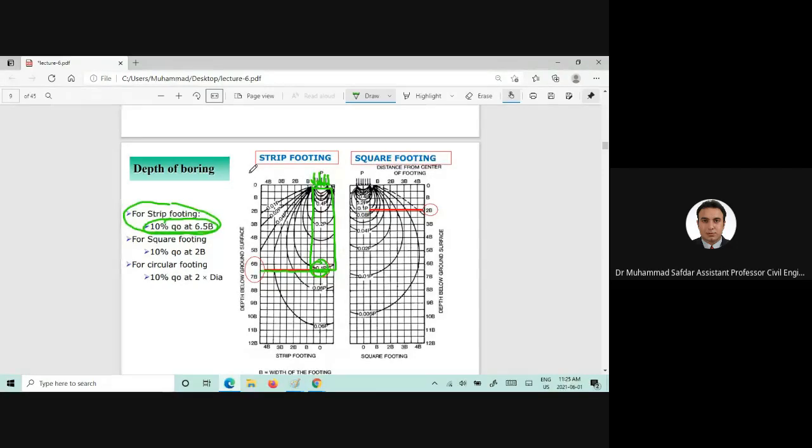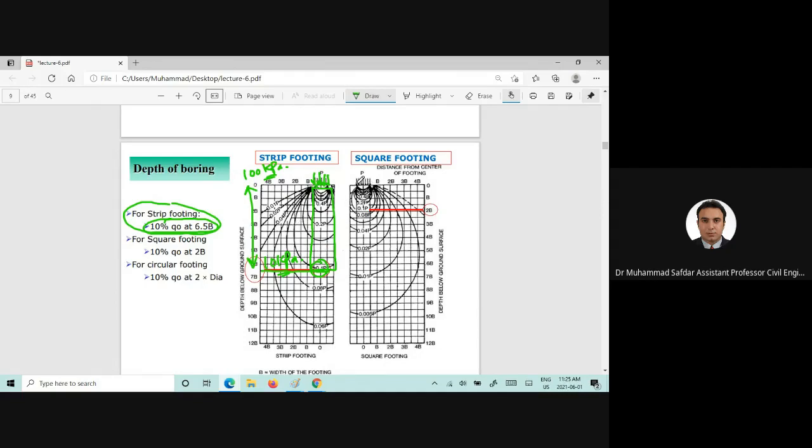For example, if 100 kilopascal is applied on top of this foundation, the stress increase would be 10 kPa here. Now we need to know the stratification and the soil properties of this particular location beneath the strip foundation.